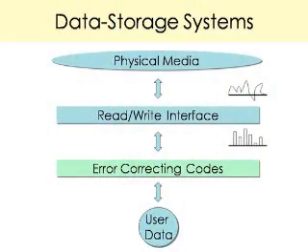Let's look at a general storage system. Up here, we have the physical media of choice. It can either be magnetic, semiconductor, micromechanical, or whatever you find that works. Down here, we have user data. And now the question is how the storage system helps storing the user data on the physical media.